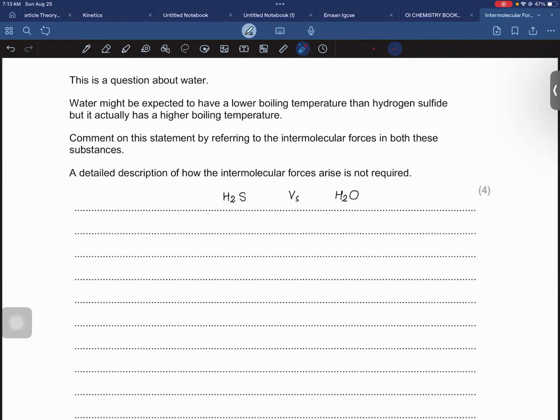One thing is very interesting in this question: water might be expected to have a lower boiling temperature than hydrogen sulfide, but it actually has a higher boiling temperature, right?